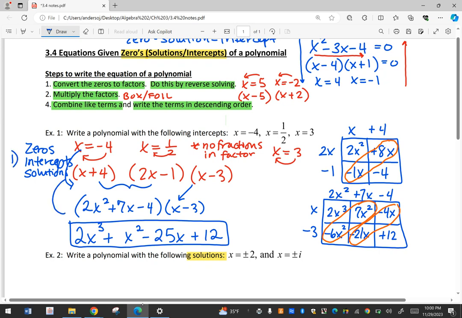Then we took those factors and we multiplied them together. And then we took those and multiplied those together to get our final polynomial. These steps are going to be the same regardless of how difficult these problems start to look. And they are going to get more challenging as we move through this lesson.